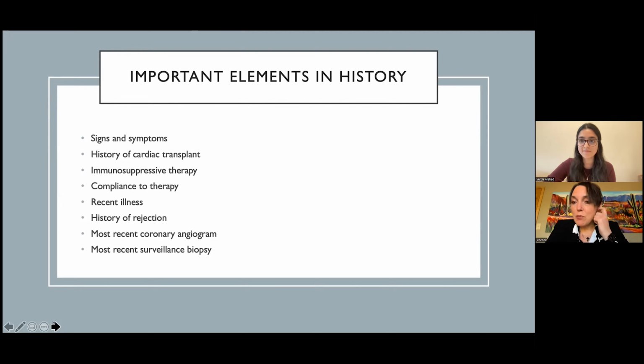And I can give you a tip too: whenever you are presenting a patient who's had a heart transplant, you should assume that they have normal graft function. Any abnormalities in the heart by echo or by coronary angiogram in the past should go into the HPI as far as describing the course post-transplant.